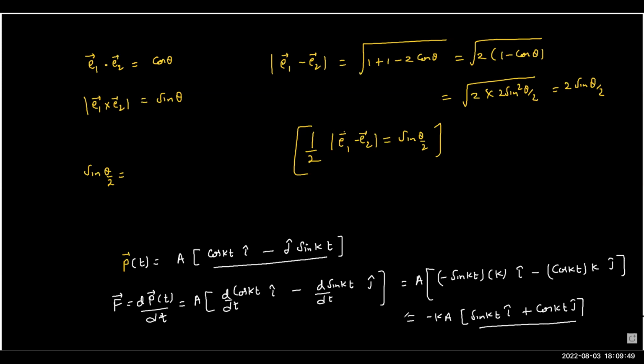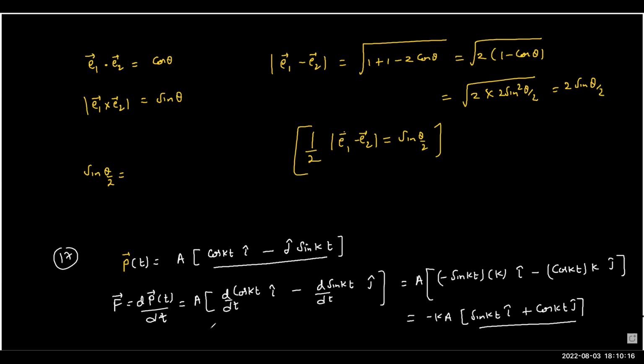Okay. So now you could take a dot product to find the angle between the momentum vector and force vector. If you take the dot, you will get sin kt into cos kt and minus sin kt cos kt, which will cancel out, and the answer will be 0.